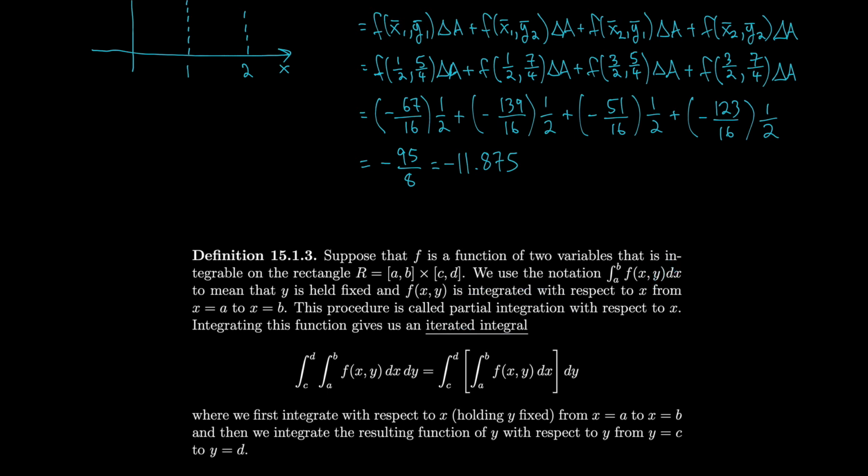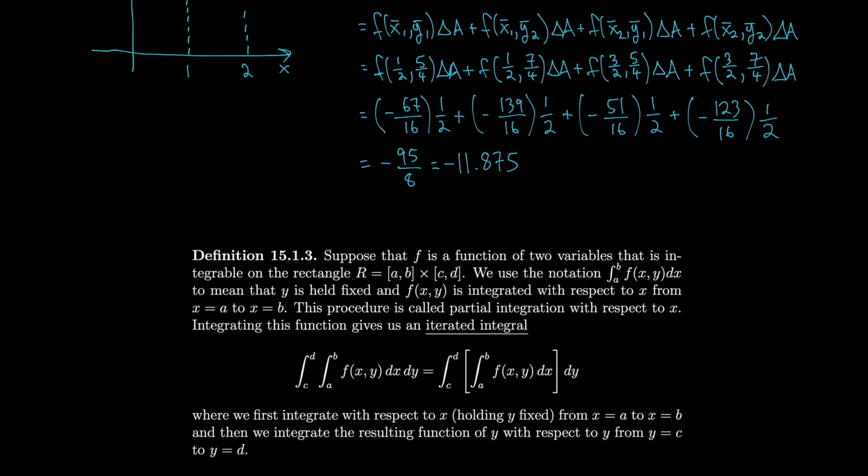Okay, so integrating this function gives us an iterated integral. So we've already partial integrated. That's this guy on the inside. And then we integrate again, but this time with respect to y.